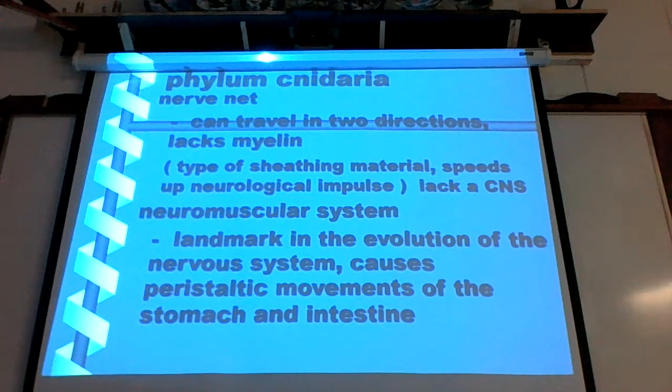Many species of cnidarians are also sessile, but some of them do move, and in order to do that, you have to have a neuromuscular system. And even those that do not move, like sea anemones, which are anthozoans, still have a neuromuscular system inside of them because of what we see here.